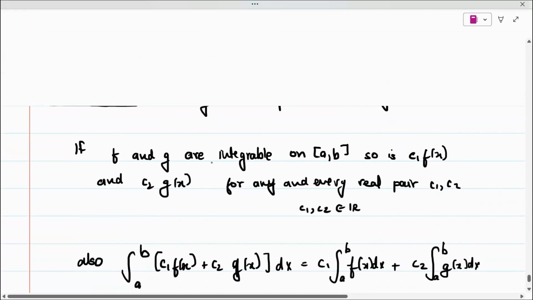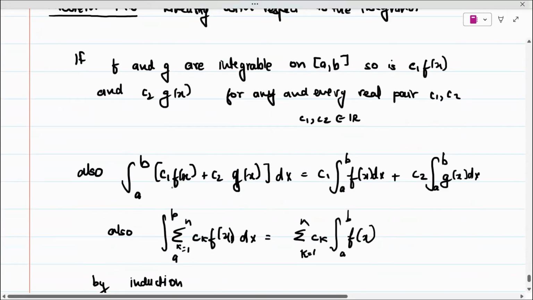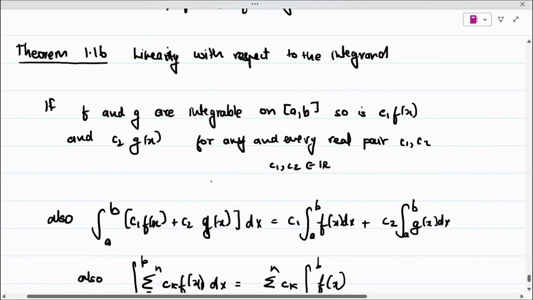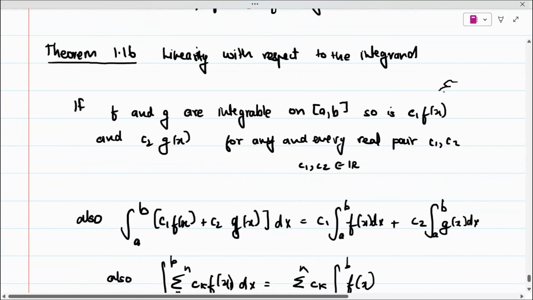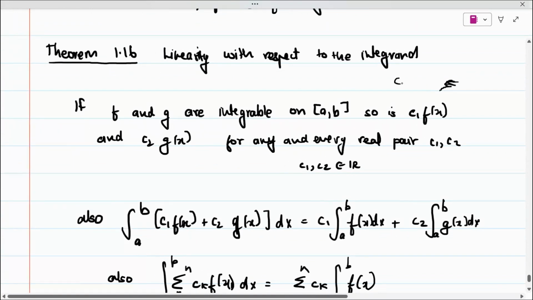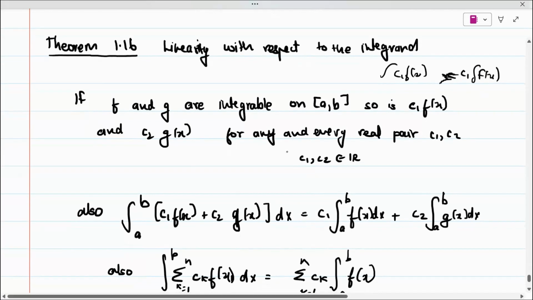So this linearity one. First, you prove this C1 f of x equal to C f of x by creating the two approximate step functions. First, we know since it's integrable, we take the sums Sn and Tn of f, and the integral exists.